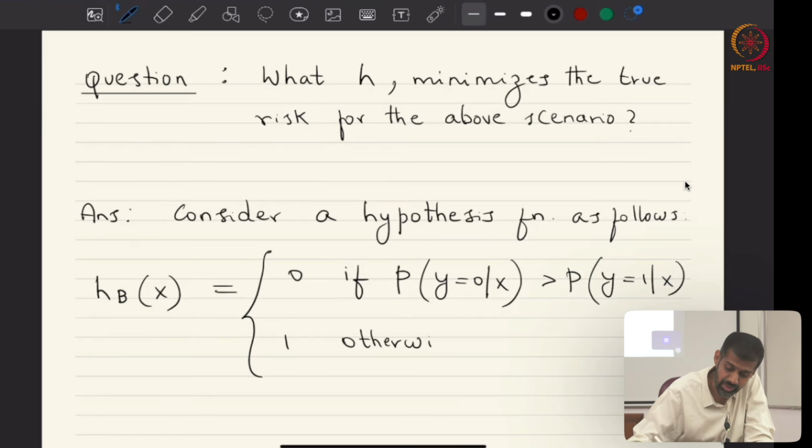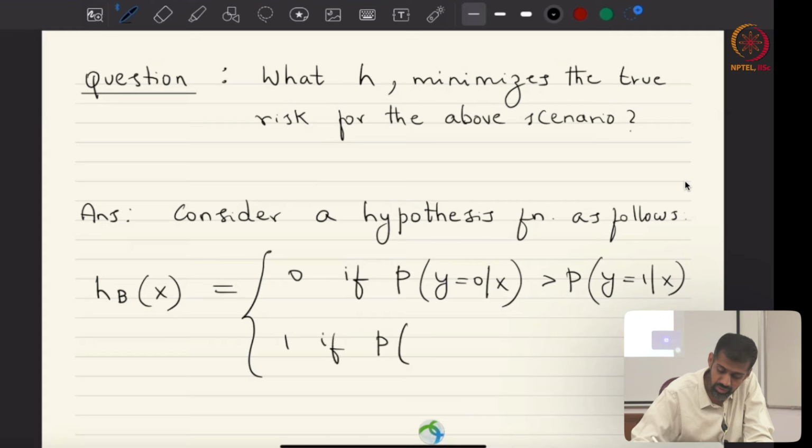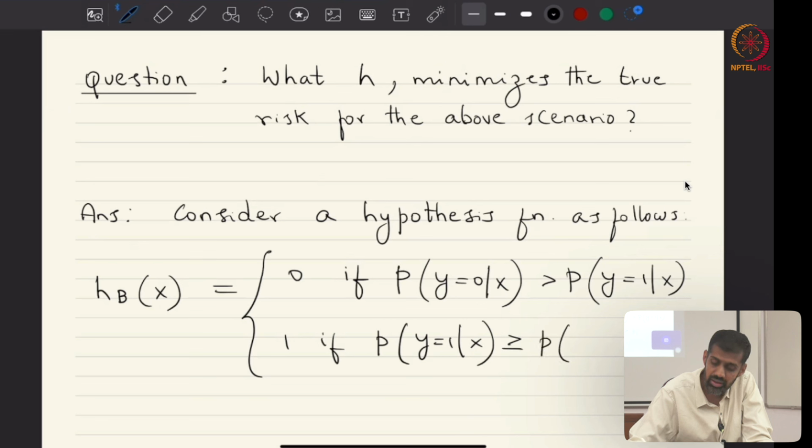I will also write that maybe if the posterior of y equal to 1 given x is greater than or equal to, so I am breaking the tie arbitrarily, there is no sanctity to this. The tie is broken arbitrarily. So this is how I choose.